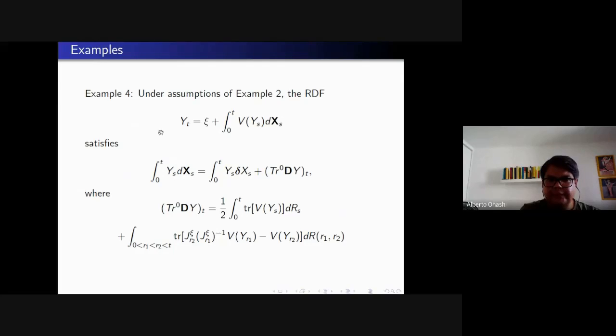In this case, we can compute the trace term here in a very detailed form, specified in terms of the covariance of the Gaussian process. I just want to remind that G is the Jacobian of Y, so this is the inverse. And dR dR is the two-dimensional Young integral.